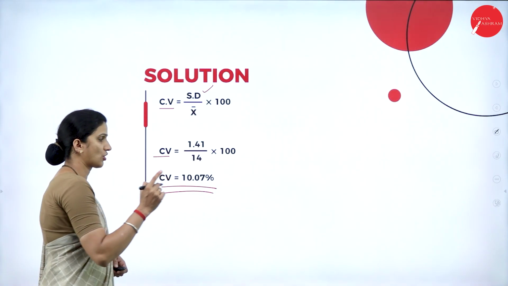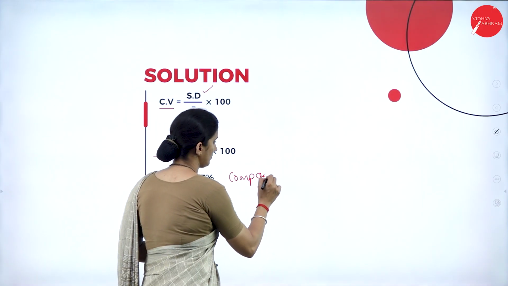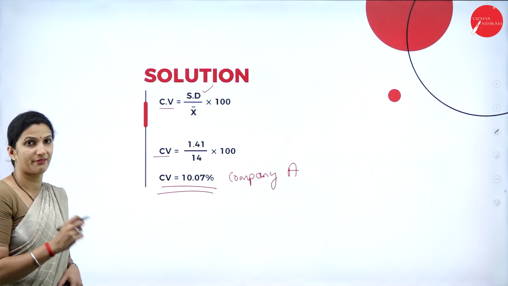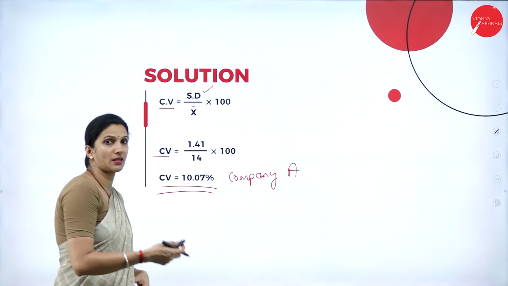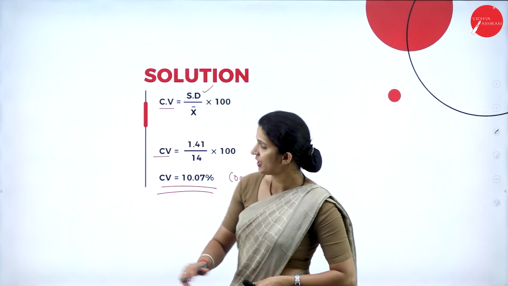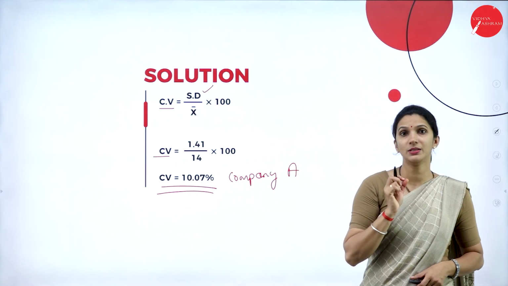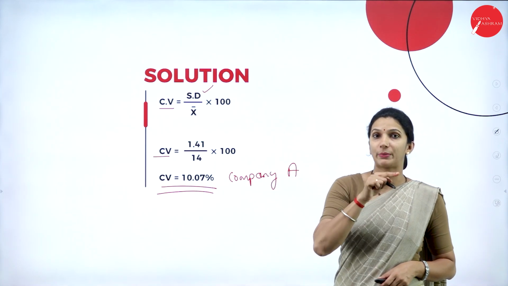The coefficient of variation of company A is 10.07%. So your CV, we are multiplying with 100, means it is represented in a percentage. So this is the calculation we have done for company A.